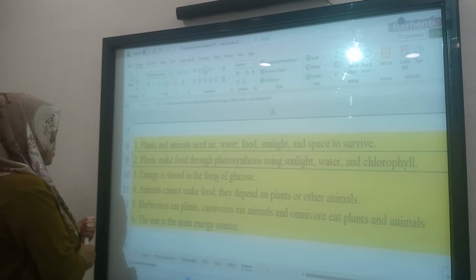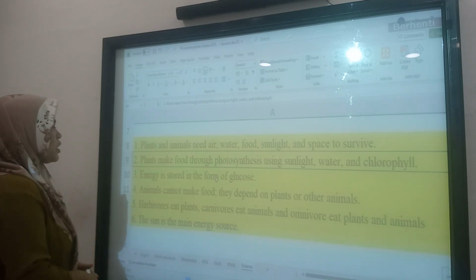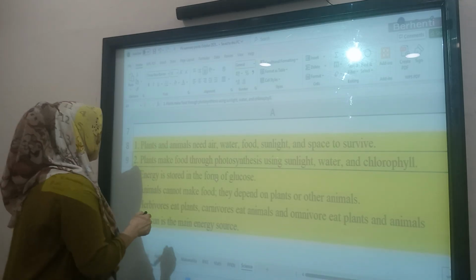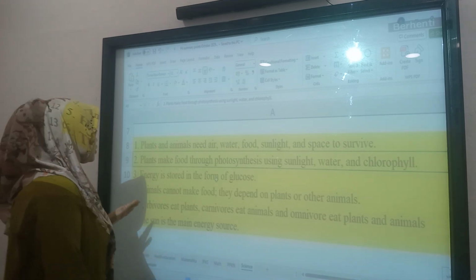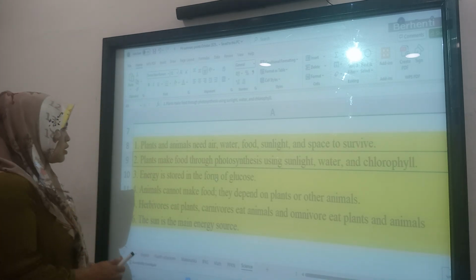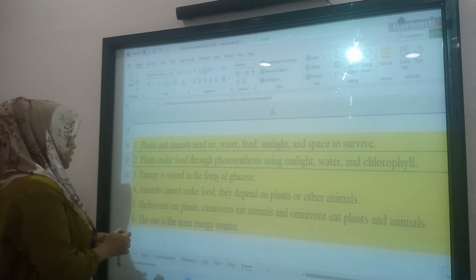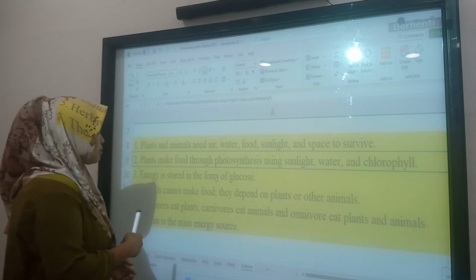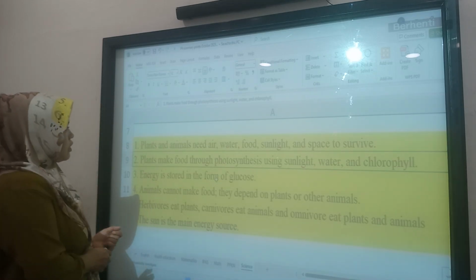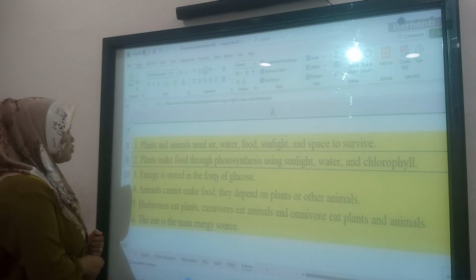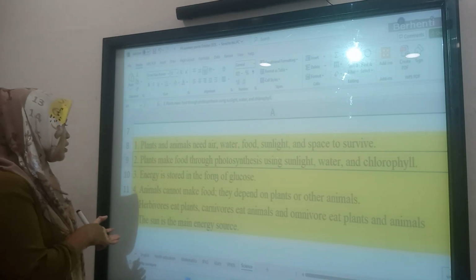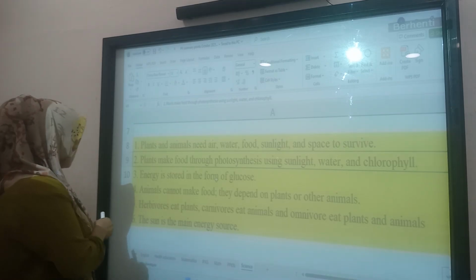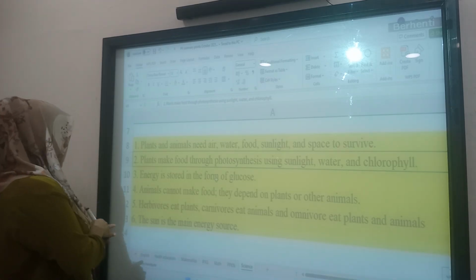Number three, energy is stored in the form of glucose. After plants do photosynthesis, they produce glucose. Animals cannot make their own food because they lack chlorophyll and cannot do photosynthesis, so they get energy from plants.